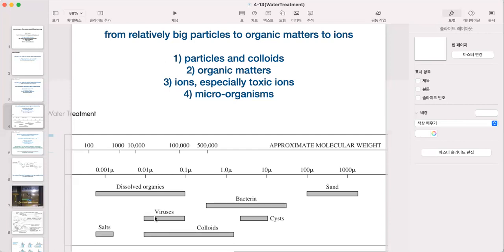If you buy bottled water, 생수, please look at how high they have sodium and chloride. Up to 140, it doesn't matter. It's okay to drink. How high do we have sodium and chloride in seawater? For seawater, how high? Can you guess?